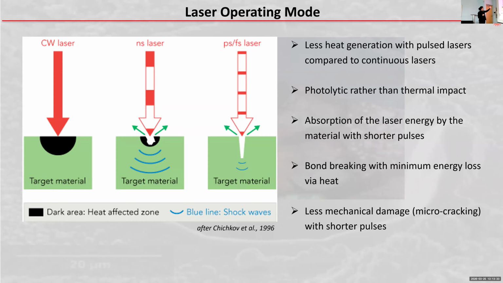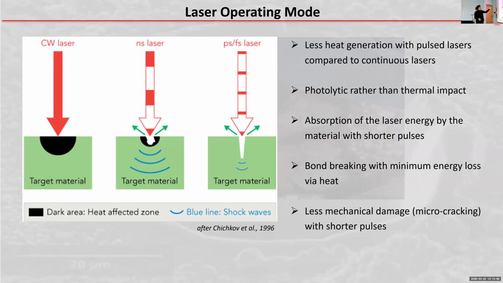What happens is that the laser continuously heats up the material. So most of the energy of the laser is transferred to heat, which can lead to melting and to effects that you actually do not want. What you want is to use the energy of the laser as a shock wave to actually expel the material.